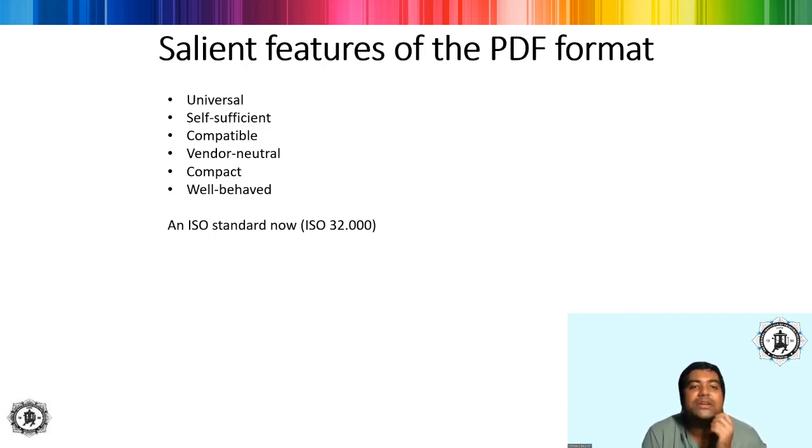First of all, it's universal, right? Universal meaning that it does not really have any dependence on any system or on any software. Nowadays, even if you don't have Adobe Reader or any other PDF reader, you can very easily open PDF files in your browser also. So it's completely universal, right? It is self-sufficient. This is quite important.